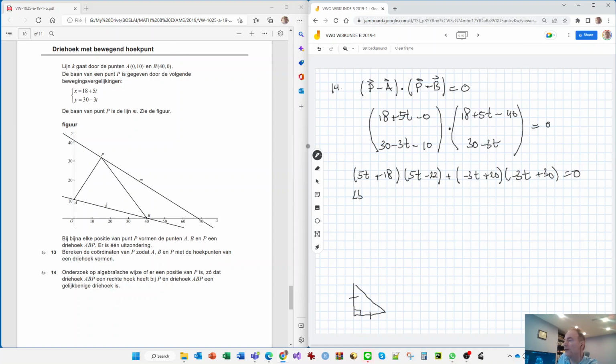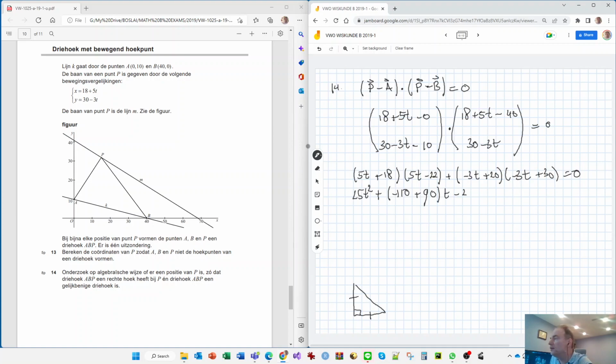So 25t squared, then I do 5t times minus 22, which is minus 110. Sorry guys, bear with me. It's very error prone, so need to be careful. 5 times 18 is 90. 18 times 22. That's too complicated.